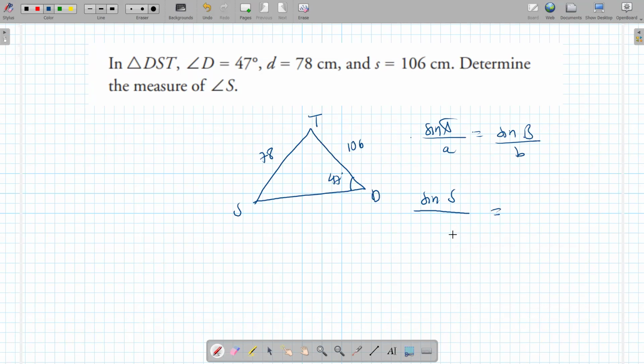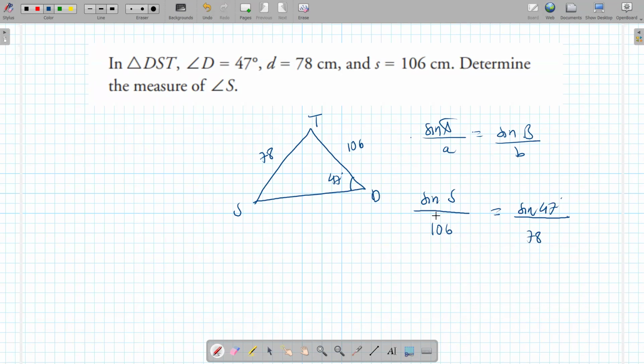What's the side length opposite to angle S? 106. So that goes on the left. On the right side, now you're going to input the set that you do know. Sine of what on the right side? 47, divided by 78.